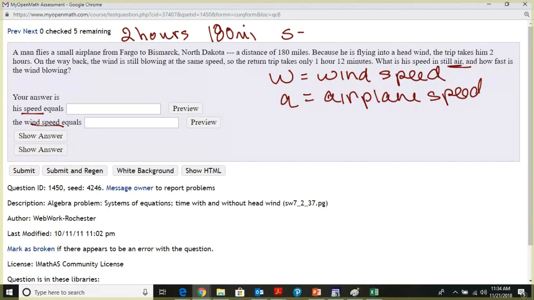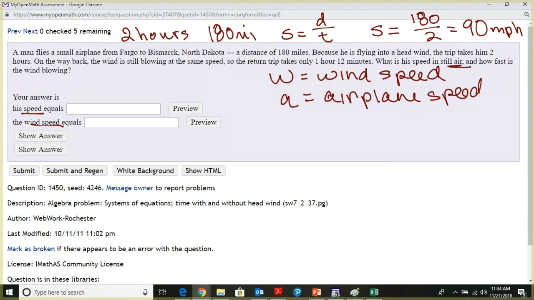Well, speed is distance over time, right? So I know that my total speed was, I went 180 miles and it took me 2 hours. So that's 90 miles per hour was my speed.